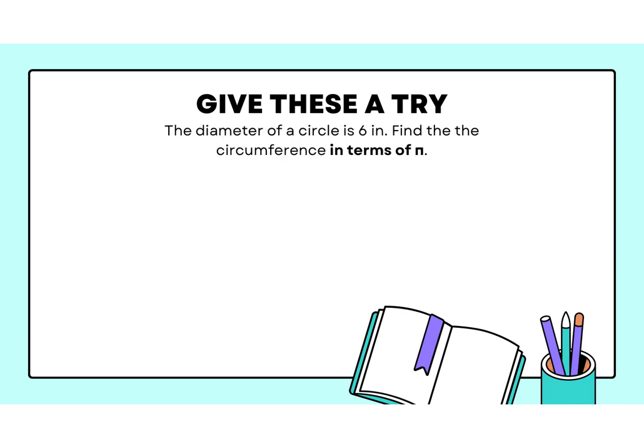Example number 3 asks me to find the circumference in terms of pi. Okay, so I'm going to once again start with my circumference is pi times diameter. My circle gives me the diameter of the circle to be 6 inches. So I just write down 6 and pi, and I am done with this question. There is nothing left to do.